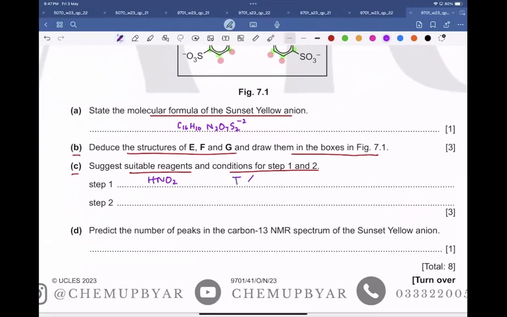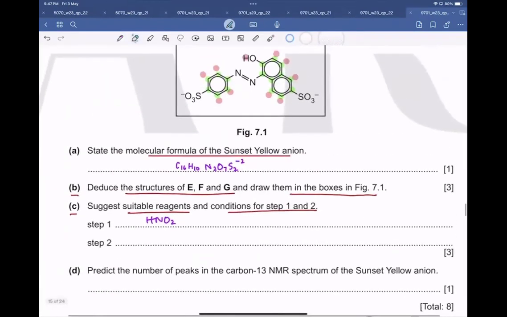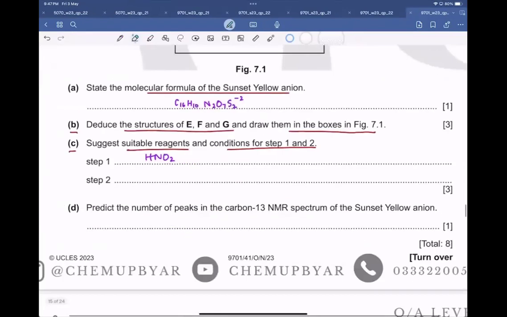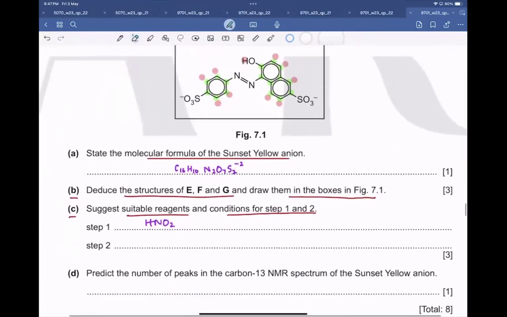And the temperature condition would be equal to or less than 10 degrees Celsius. No, sorry, it's for the second step, I assume. No, sorry. Yeah, it is for this step, when you have to make the diazonium ion, you have to keep the temperature below 10 degrees Celsius.